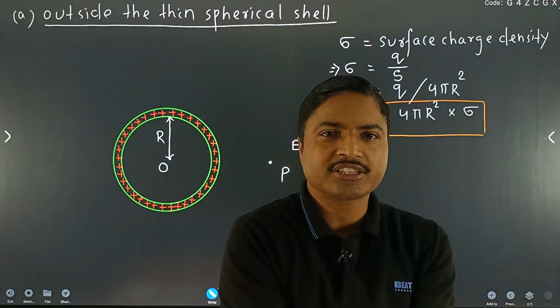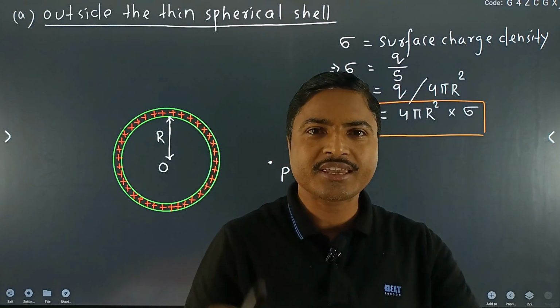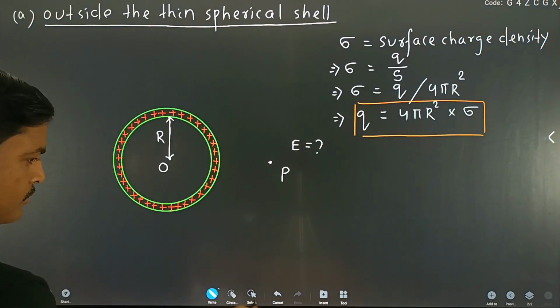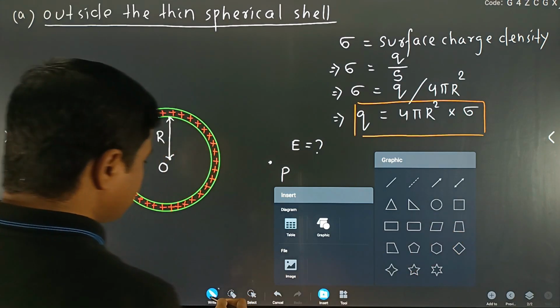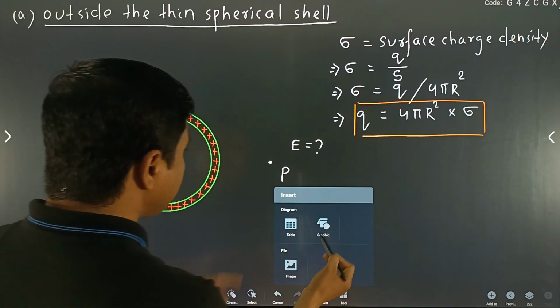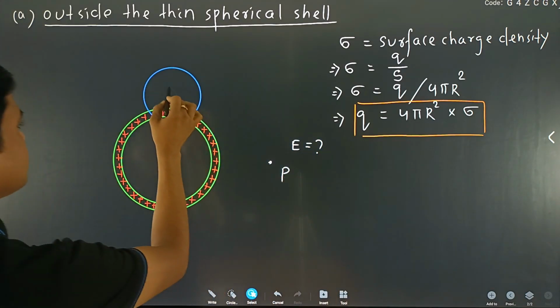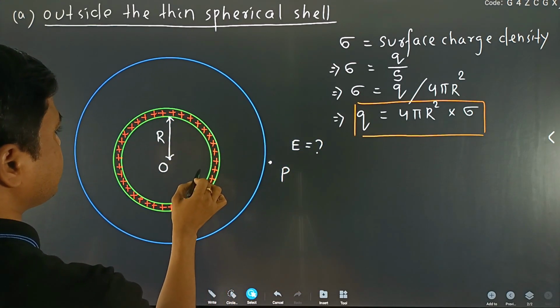That may be a spherical surface, a cylindrical surface, or a cubical surface, but it is a closed one. Clear? Not open. And suppose this one is your Gaussian surface. We draw a Gaussian surface here, passing through the point P.